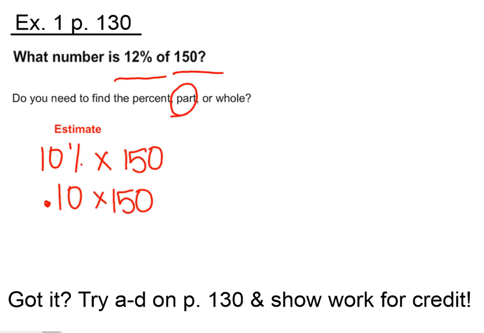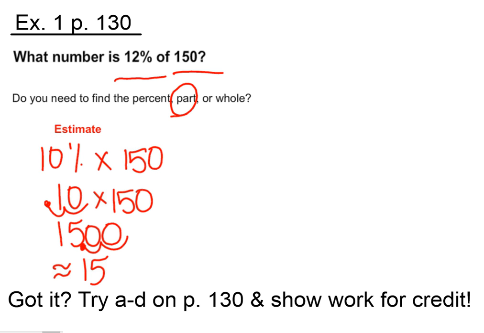I know 10 times 150 is 1500, but I need to move my decimal 2 places to the left. So I get about 15. That's my estimation. So now I want to solve it by setting up an equation this time.